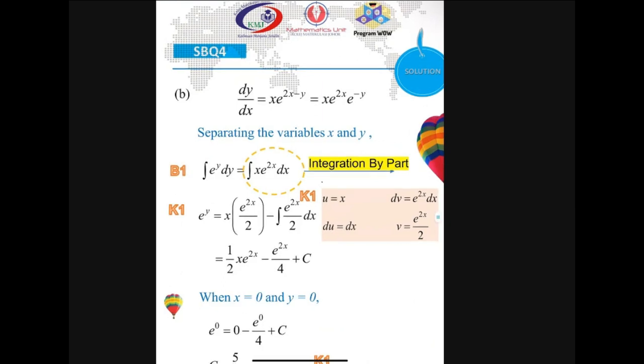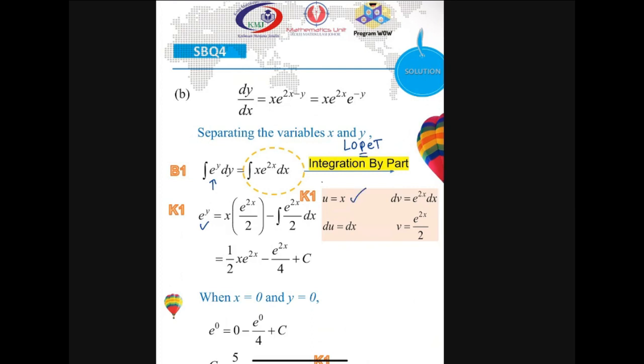For our left side, exponent to the power of y, you can directly integrate to be exponent to the power of y back. But for our right side, exponent to the power of 2x times x cannot be directly integrated. You have to use integration by parts. Remember just now the arrangement of LIATE. So we have polynomial and exponent here. Polynomial comes first.